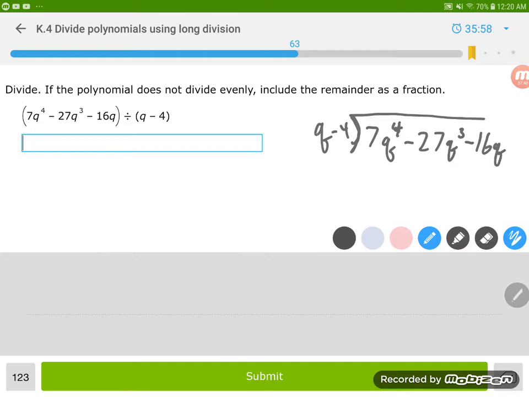Okay, so q can divide 7q to the 4th, 7q to the 3rd times. So 7q to the 3rd times q will be 7q to the 4th. 7q to the 3rd times negative 4 will be negative 28q to the 3rd. We're going to go ahead and subtract these.